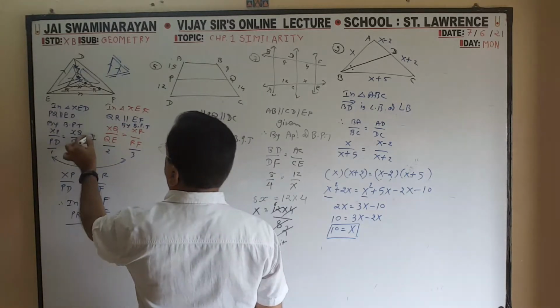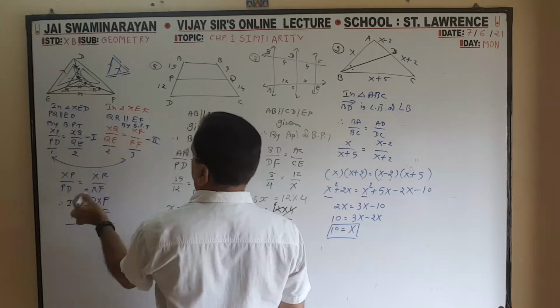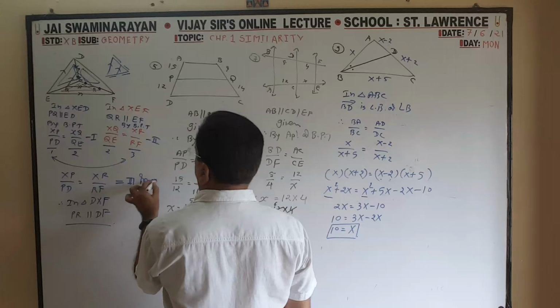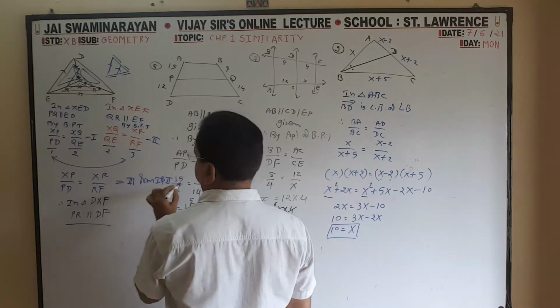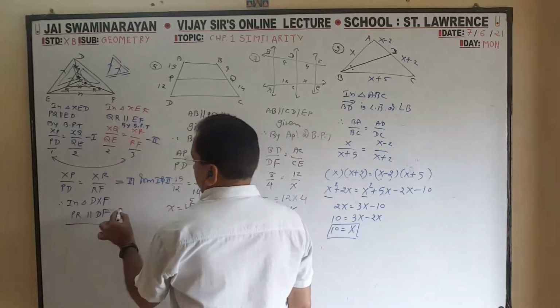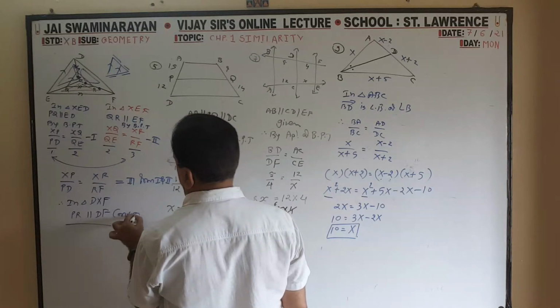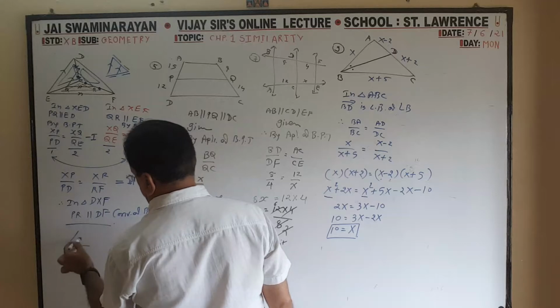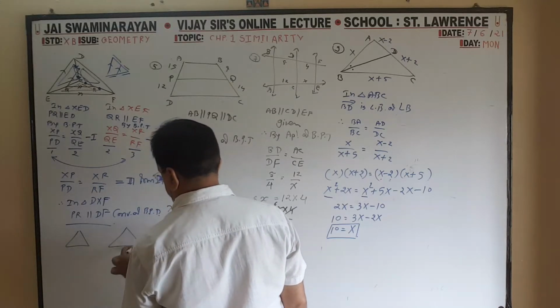This is the first relation, this is the second relation, from first and second, third, by converse of BPT. What is that? I am explaining again.